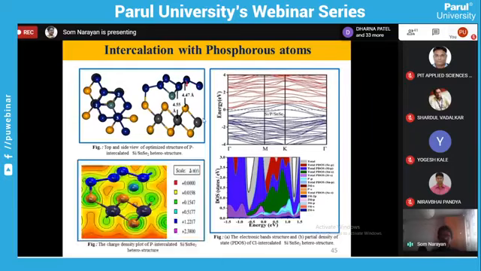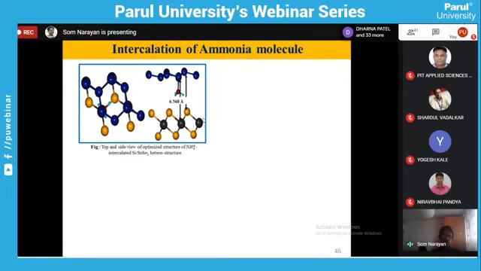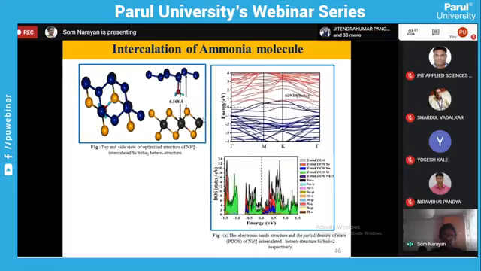But eventually we found that NH3 has an inert nature, so we put NH3 in two different configurations: one with nitrogen towards the silicon and one with hydrogen towards the silicon. When nitrogen is towards the silicon, it interacts with the silicon and gives us a metallic nature.